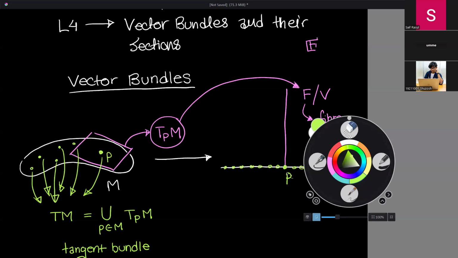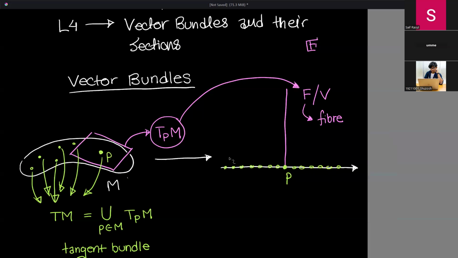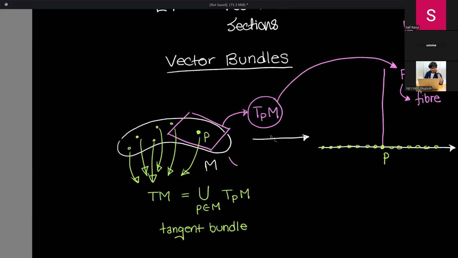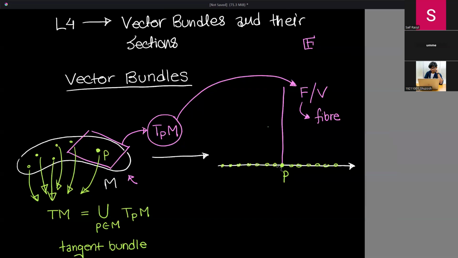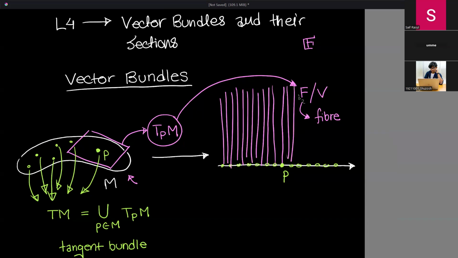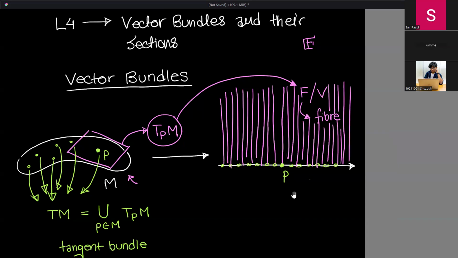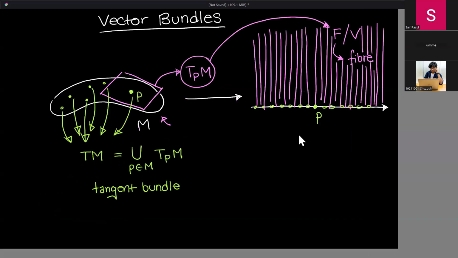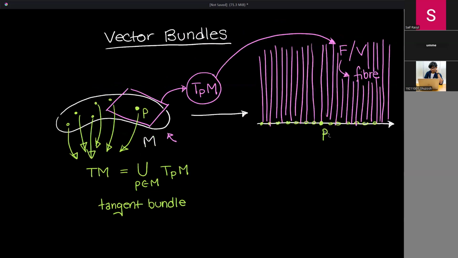And in the example that we looked at here, the fibers were the tangent spaces, but they don't have to be. But let's say if we fill this space with fibers, you could think that it would kind of look like this one-dimensional brush of fibers. So what happens when we merge all of these fibers together into a single space?